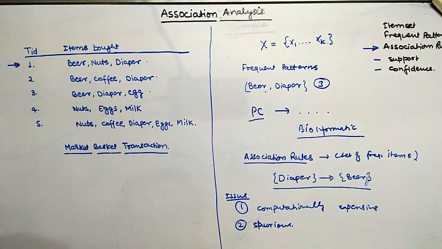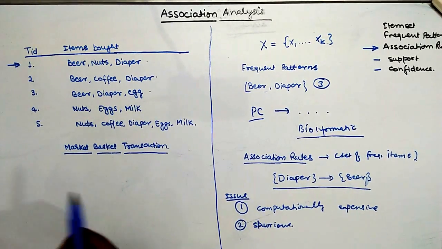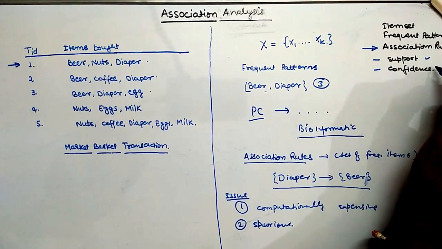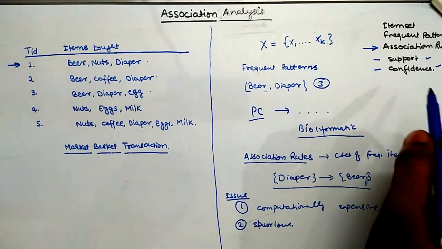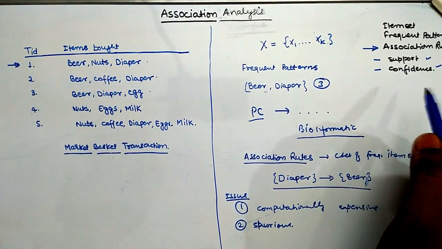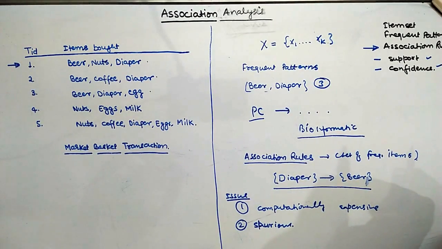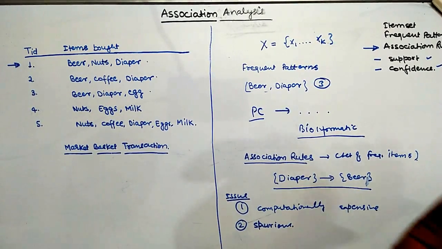Now, in order to find the rules from a large data set, we have two main concepts that need to be explained: support and confidence. The support and confidence here differ somewhat from the everyday meaning of those words.